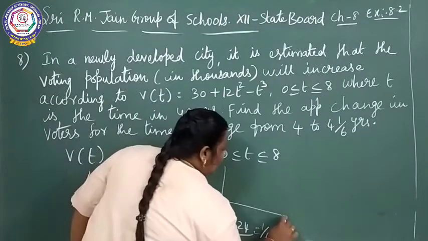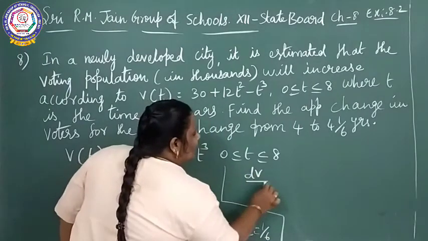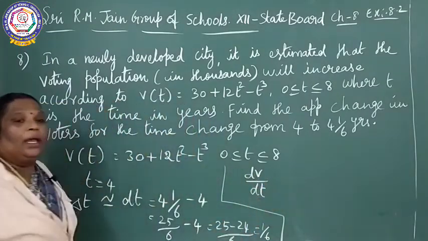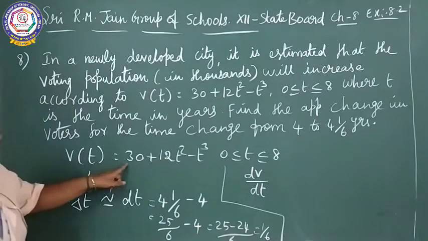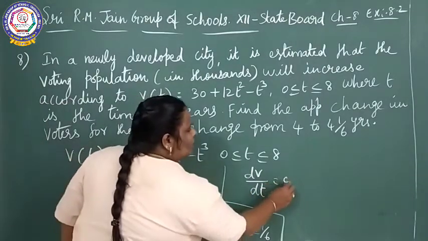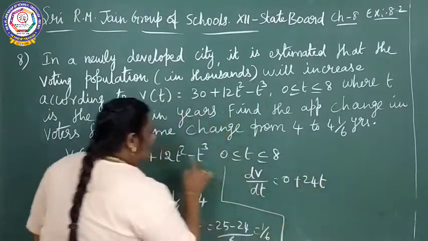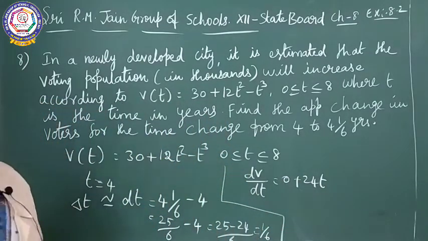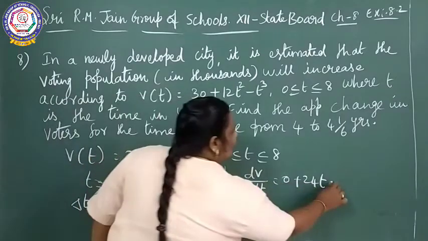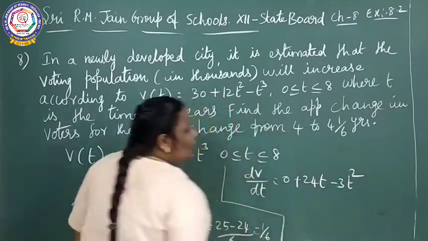Now differentiate the voting population with respect to time. dV by dt equals, 30 is a constant so it becomes 0, plus 24t, using the formula n x to the power n minus 1, minus 3t squared.